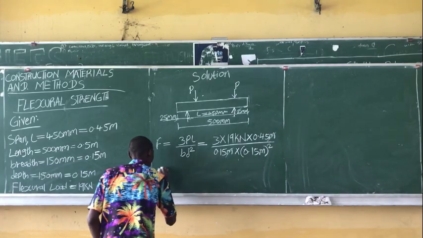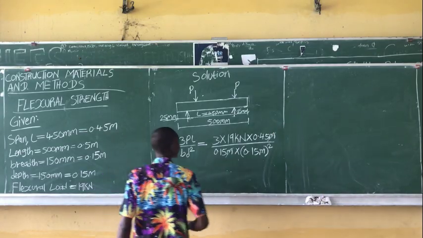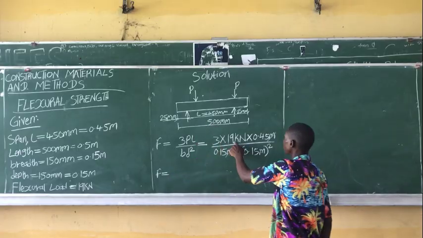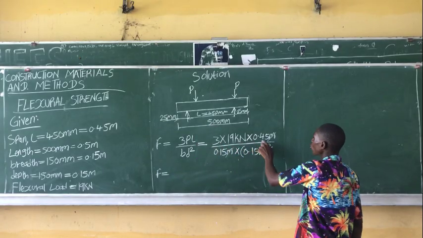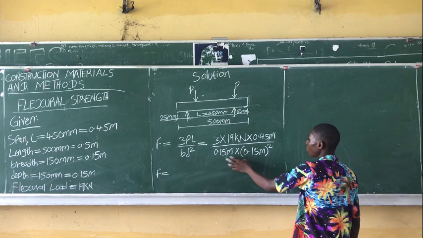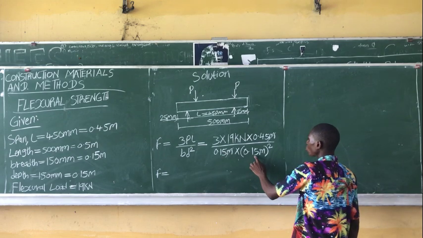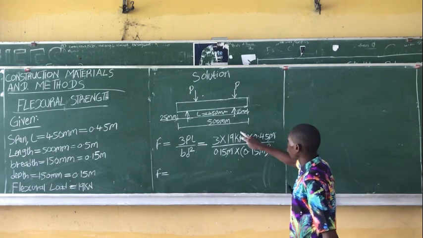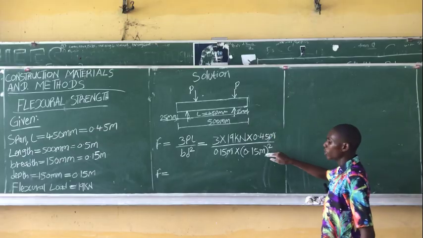So our flexural strength is given as 3 times 19 kilonewton times 0.45 all over 0.15 times 0.15 meter squared. So it's going to be given in kilonewton per meter square.